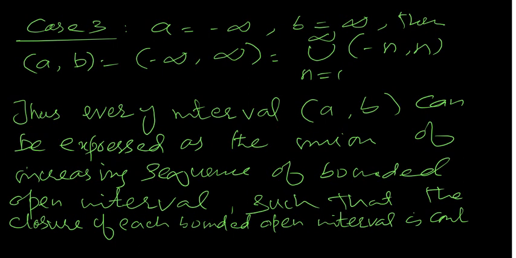Why is it countable? Because for each n from 1 to infinity, it's a finite set. It's the union of a countable collection of finite sets, and therefore it is countable.